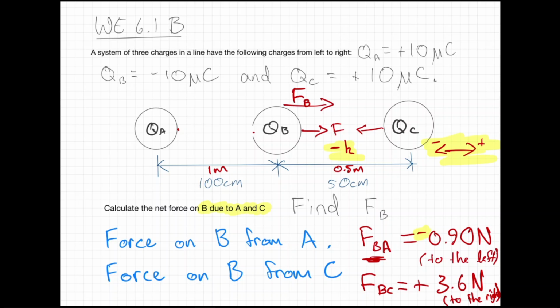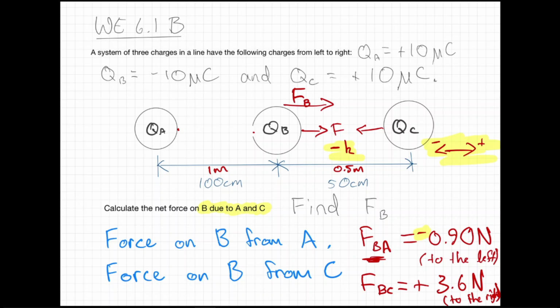I would rather you don't trust the negatives or positives. I would rather you trust the logic of like charges repel, opposite charges attract, and you figure it out from there. If you want, you could do all of this math with absolute values and then state your answer with a positive or negative at the end.